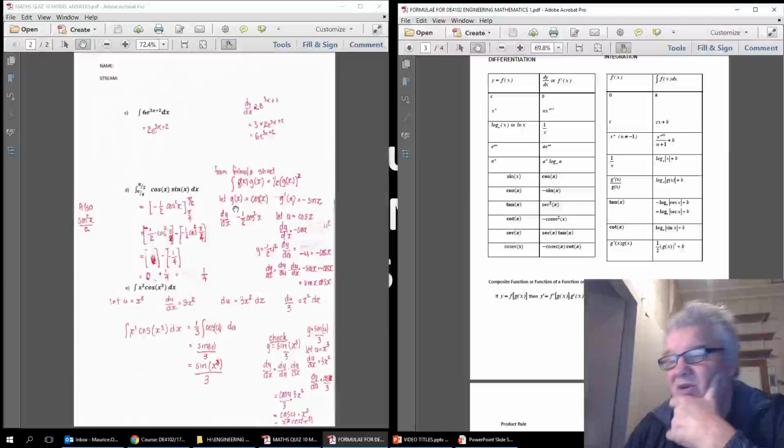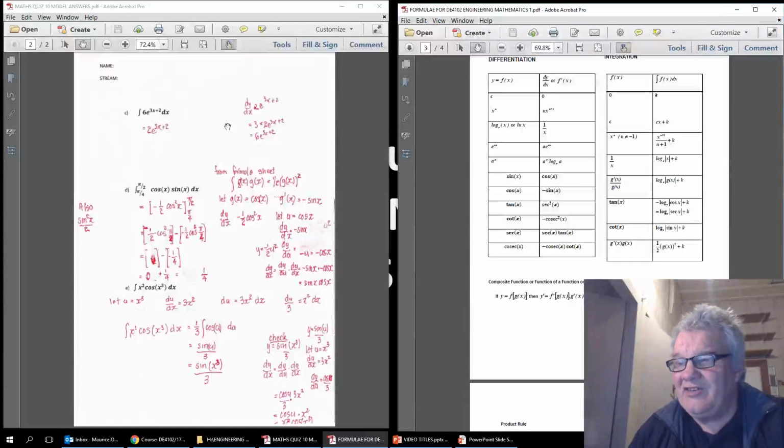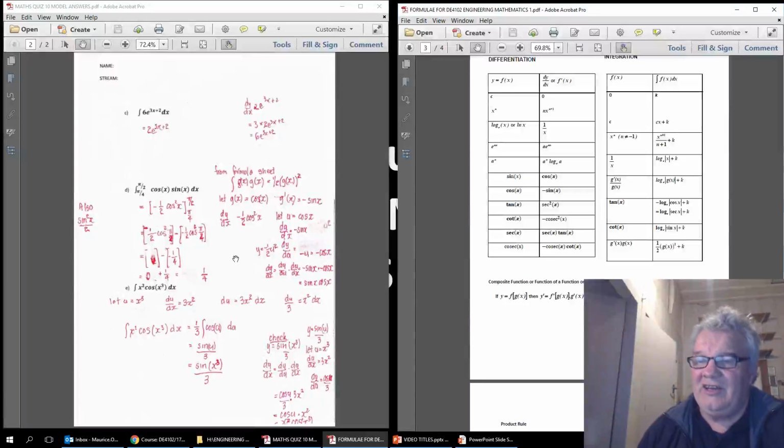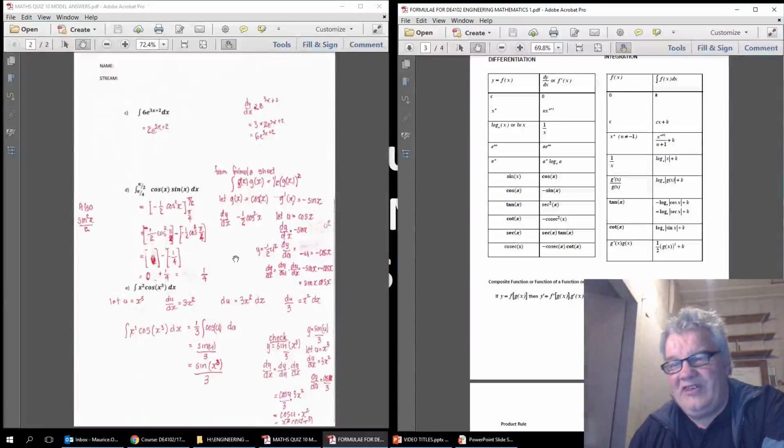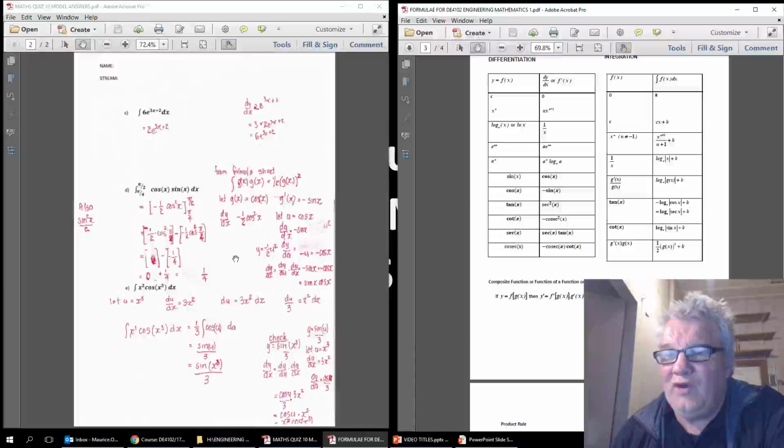So dy by du equals negative u, which equals negative cos x. So therefore we get dy by dx equals dy by du times du by dx, which equals negative sine x times negative cos x, which equals sine x cos x. So if we differentiate the function that we've ended up with, by substituting in there using the chain rule, we come back to what we started with. So that's a pretty good sign that everything's all good and fine and dandy. And yeah, we can move on from there.